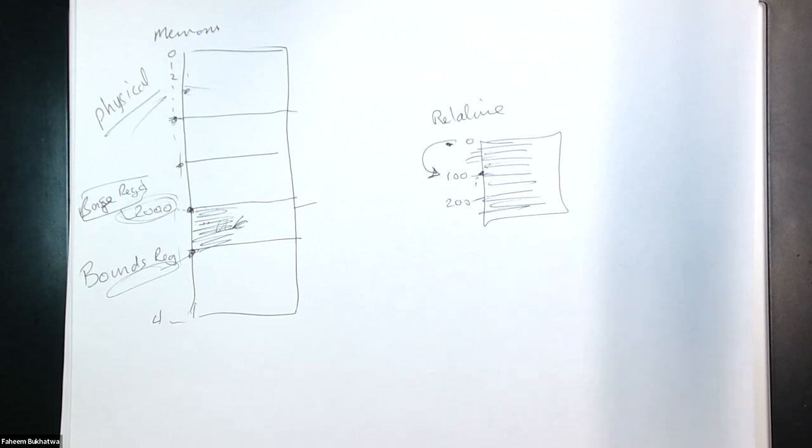It doesn't suffer from external fragmentation. While the dynamic partitioning, can you give me one good reason or bad reason? It suffers from external fragmentation. And it's a little bit more complex than the fixed partitioning.